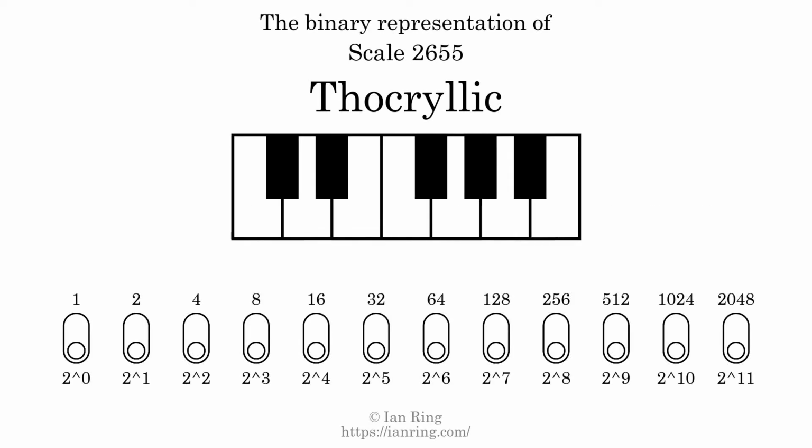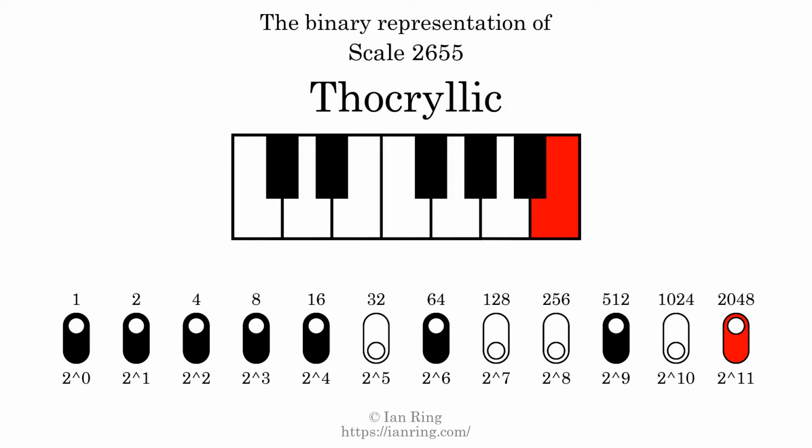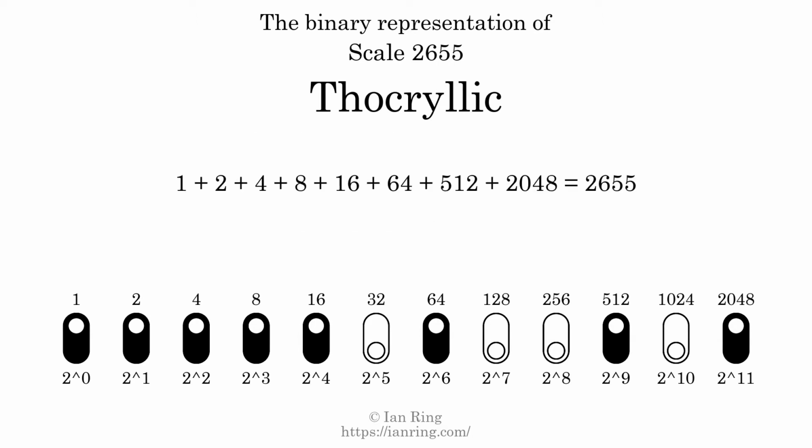The binary representation of this scale is determined by mapping tones of the scale to binary digits. Each binary digit represents a power of 2. To get the scale number, we add the powers of 2 together. The powers of 2 that are present in the scale, all added together, equal 2655.